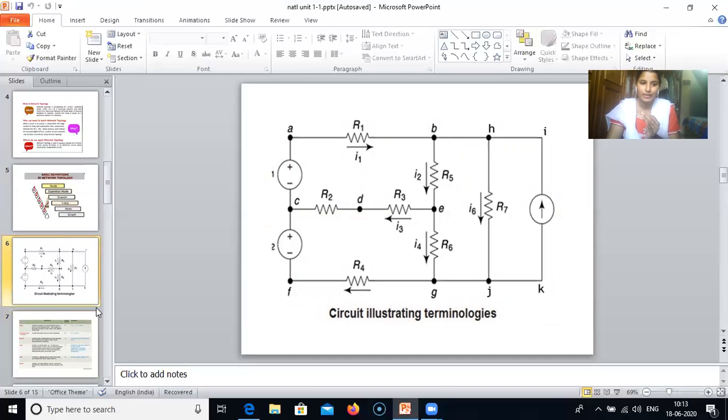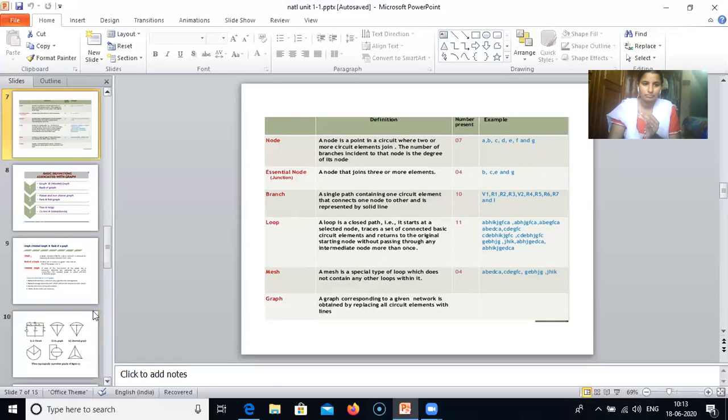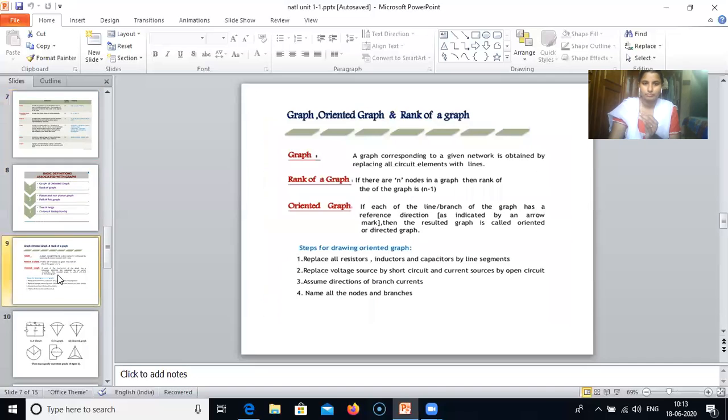See here, simple line segments. Okay, see here, inductor, capacitor or resistor, all the three are replaced by simple line segments.